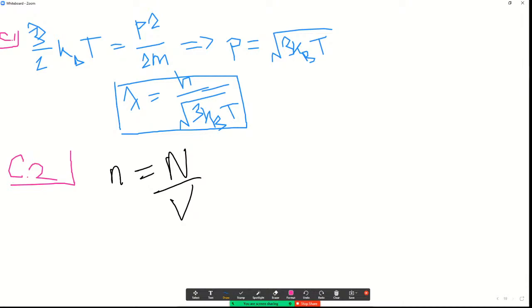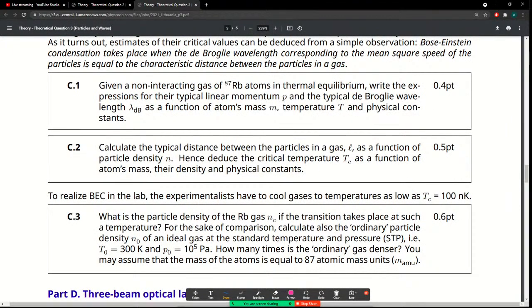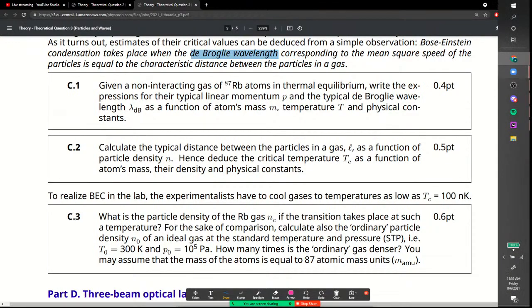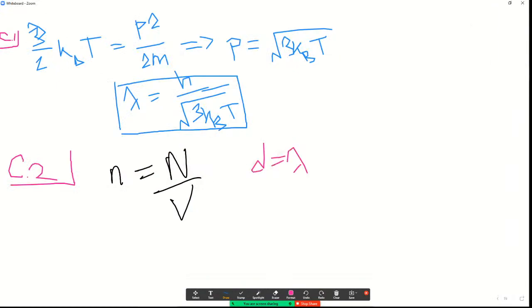Anyways, I guess you could say it's the same thing as the de Broglie wavelength, and if typical distance is d, then you express it in terms of particle density.